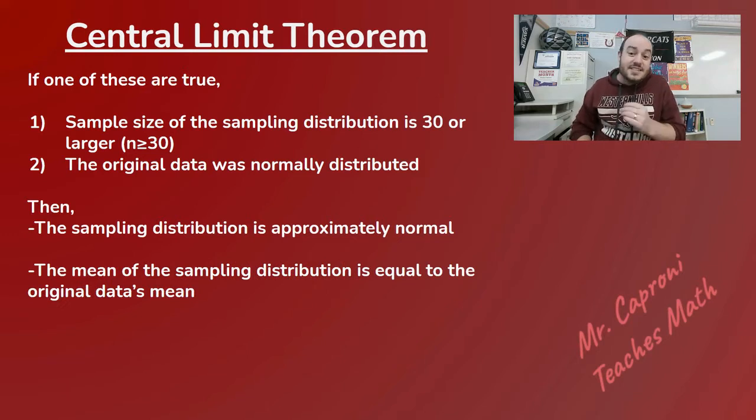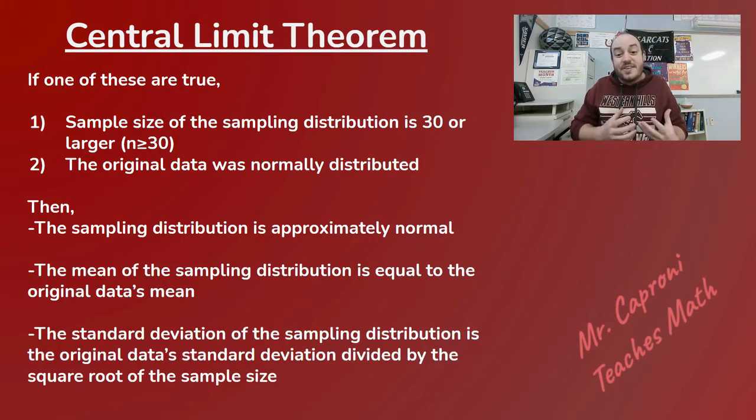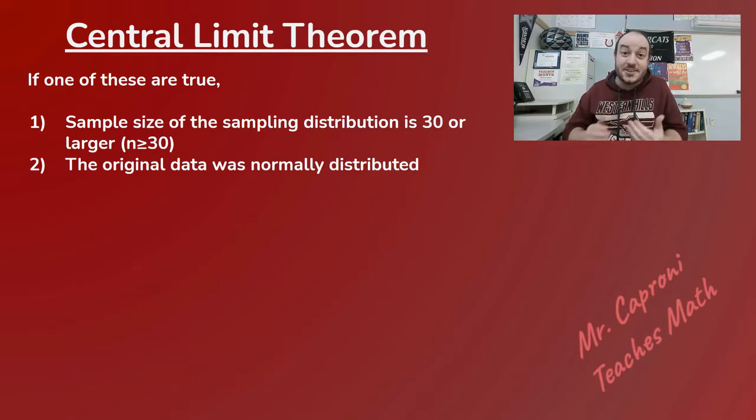B, the mean of the sampling distribution is equal to the mean of the original data. And C, last, the standard deviation of the sampling distribution is the original data's standard deviation divided by the square root of the sample size you used in your sampling distribution. Since that was a lot, let's break down what each part means.